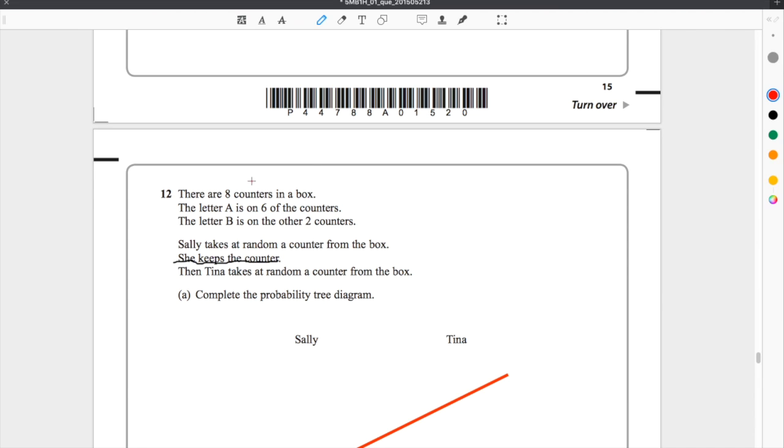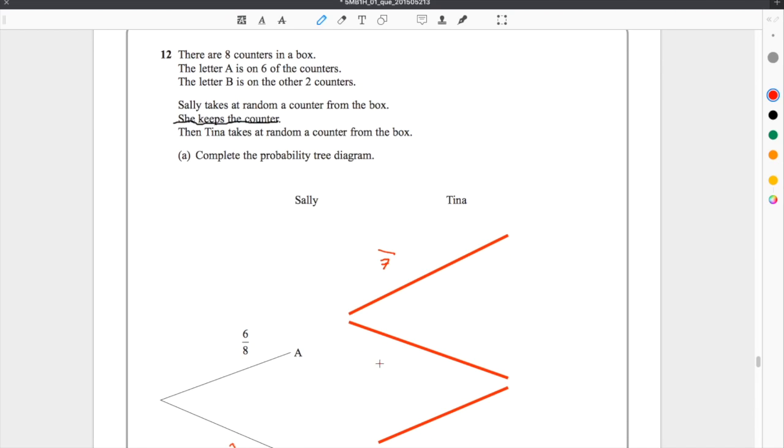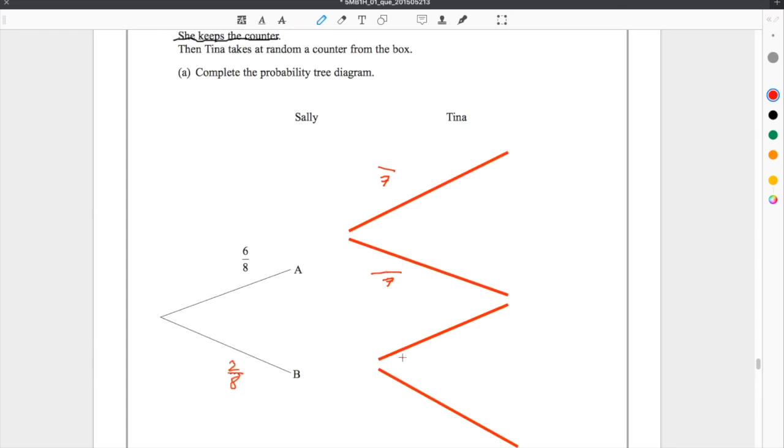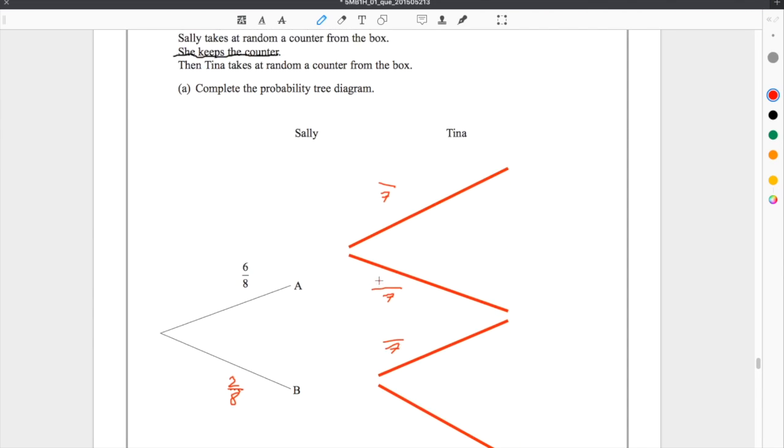There are 8 counters in the box originally, and again remember, when Sally's had her go, she keeps one of the counters. So the probabilities now are actually out of 7, because one of the counters has been kept and is not available for Tina to take.